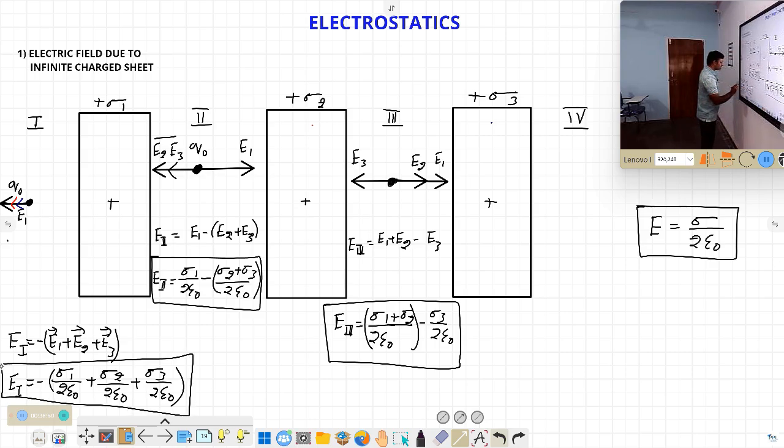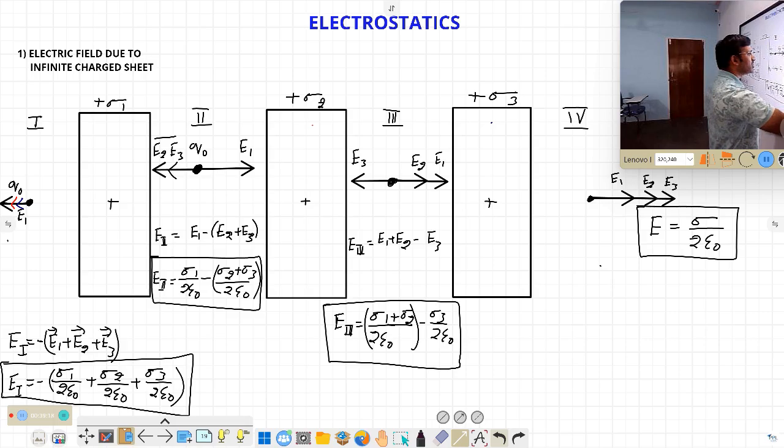And if you come across the case of the last one, what is the last one? Fourth region. So what is the electric field in the fourth region? If you come across the electric field in the fourth region, three plates are on the left side. The three plates will repel the charge in this direction, first one, okay, and the second one, and the third one. All three will be in the same direction, which is nothing but E1, E2, E3.